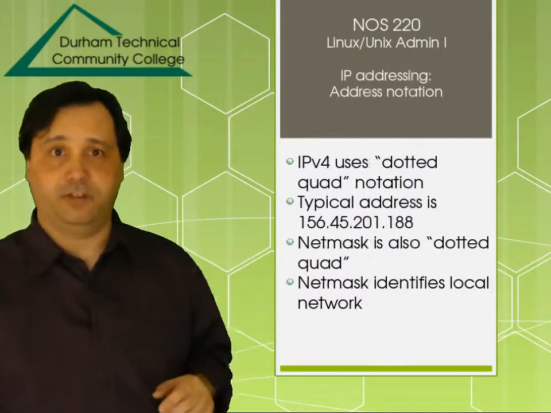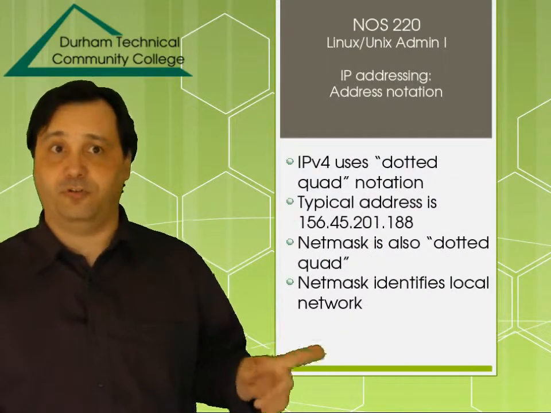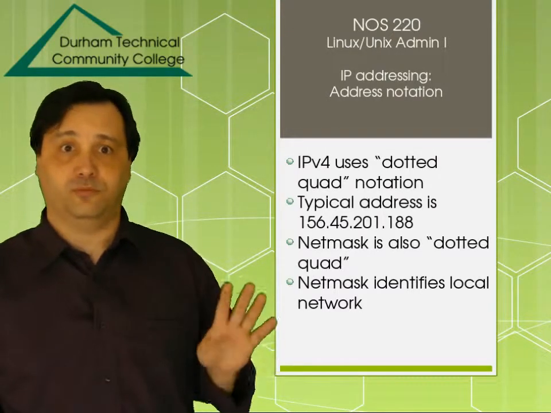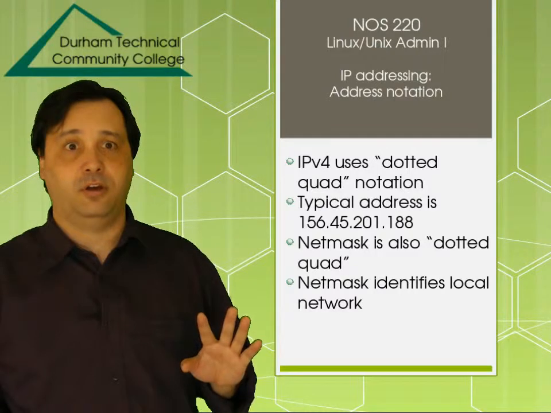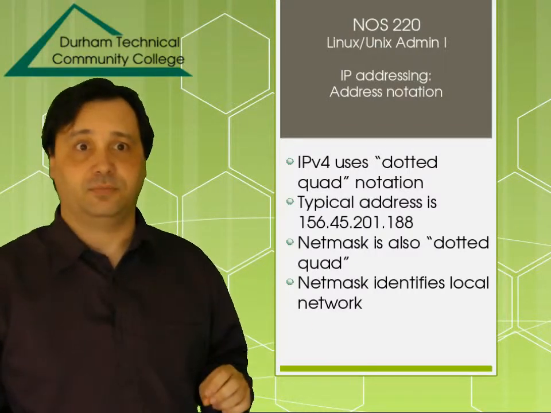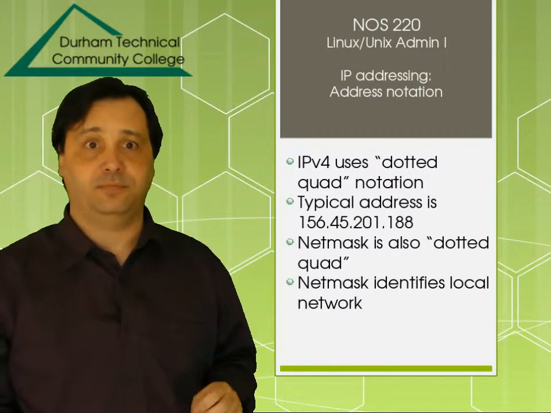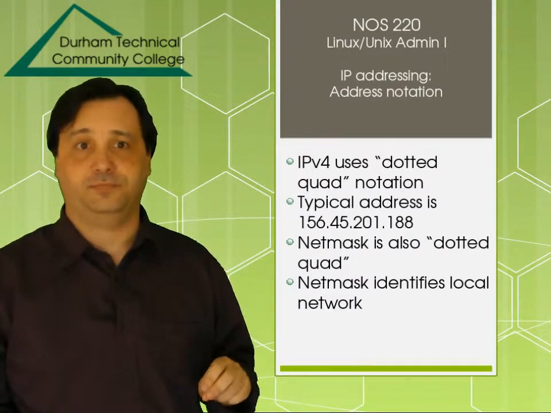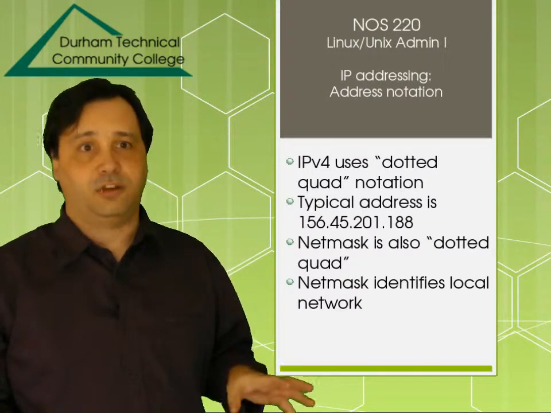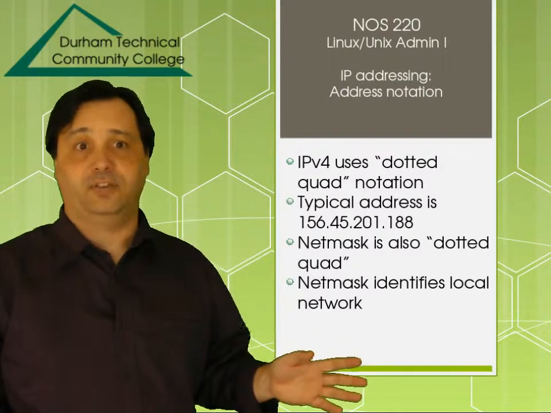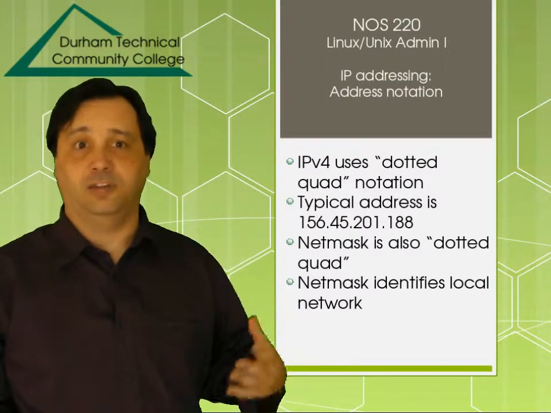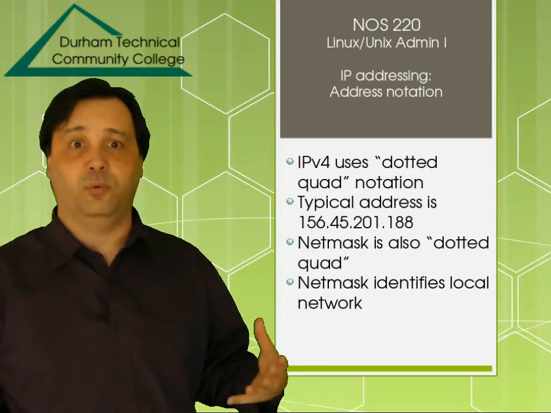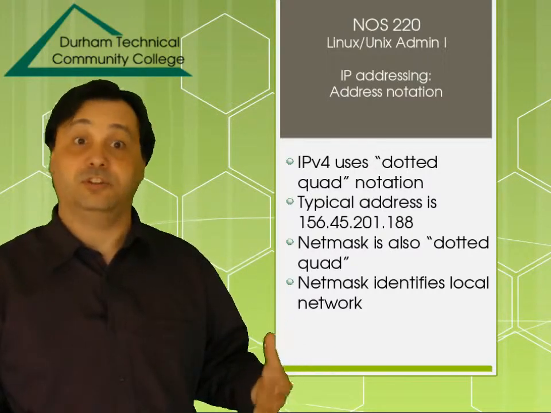The current IP addressing system is IP version 4, which uses 4 8-bit numbers from 0 to 255 for each IP address, separated by a period, thus creating what is called a dotted quad address. This creates an address like 156.45.201.188, which is combined with what is called a net mask, which is another dotted quad.